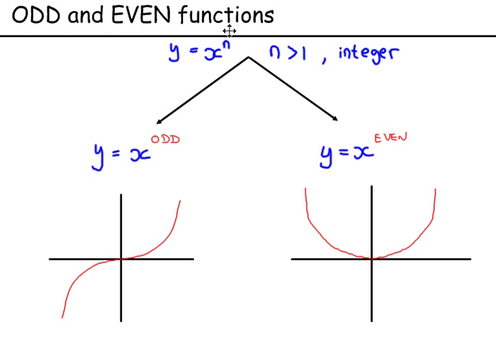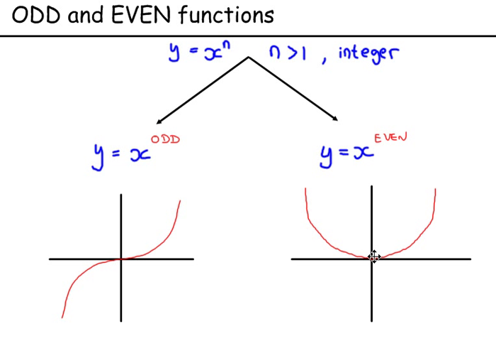Odd and even functions. So the graphs that we've just looked at, those where the power was odd had this shape, and those where the power here was even had this sort of shape. These on the left are called odd functions, and there's some rotational symmetry about the origin.